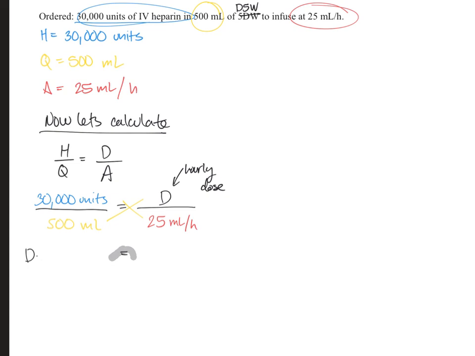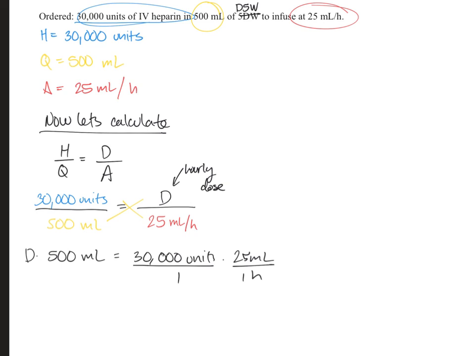Sorry, correction. Ooh, changed pen halfway through. Alright, redo. D times 500 milliliters equals 30,000 units times 25 milliliters over 1 hour. And I'll just go ahead and put this over 1.